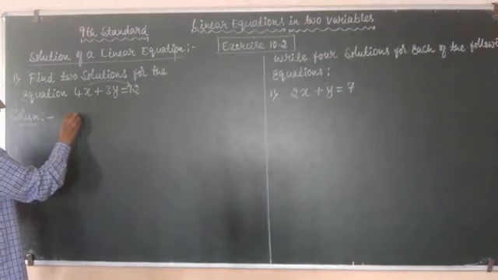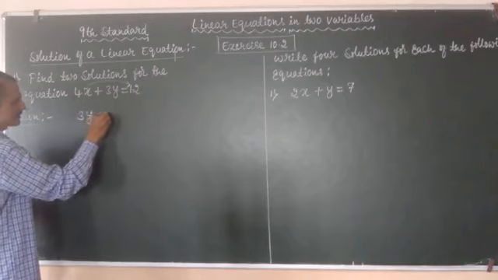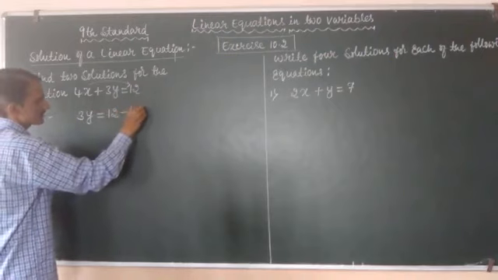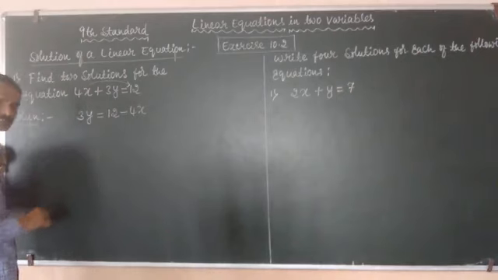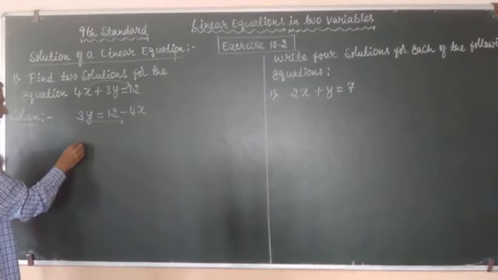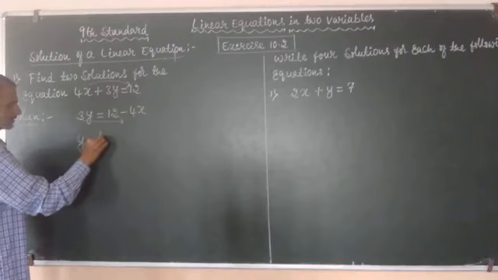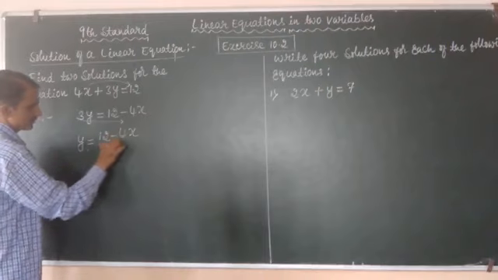Then it becomes 3y equals 12 minus 4x. Now cross multiply the 3 to the right side, and it becomes y equals (12 minus 4x) by 3.